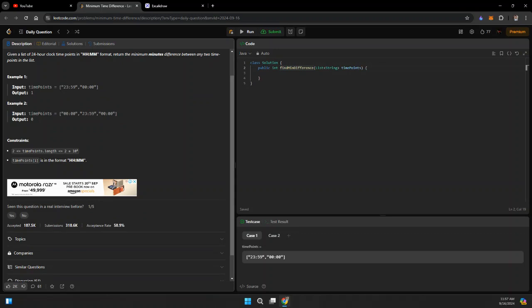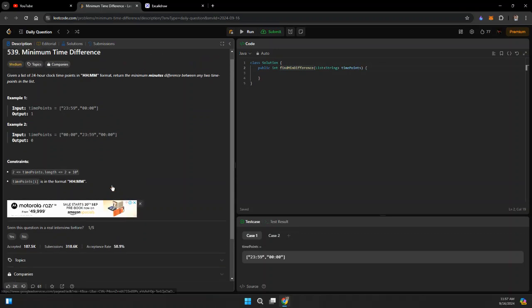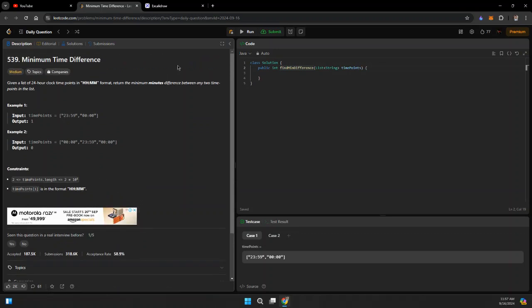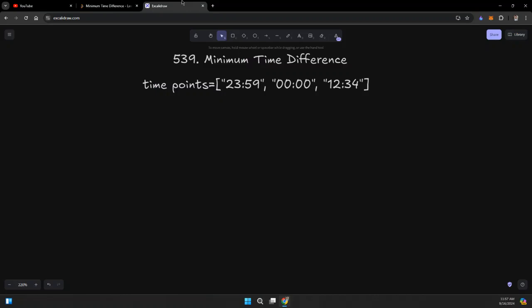Okay, cool. Now let's see an example. I have taken one example. Suppose the time points are whatever is written here: 23:59, 00:00, and 12:34. Now let's see how we're going to approach this.